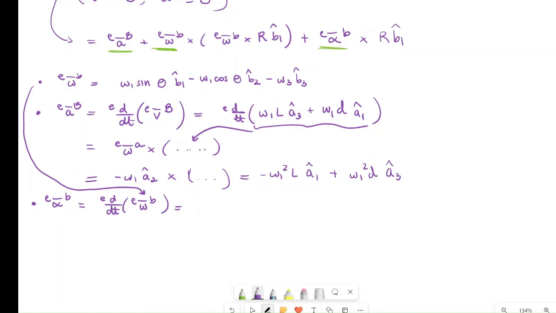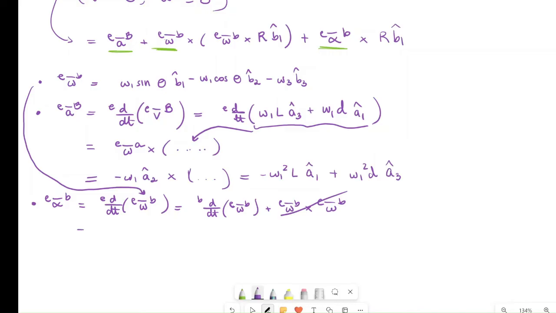So, just to write this out for completeness, the time derivative with respect to the B frame of omega B and E, plus the angular velocity of B and E crossed with the original vector, which is the angular velocity of B and E. So this obviously becomes 0 because we're just cross-producting the vector with itself.